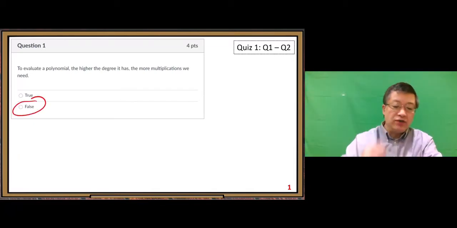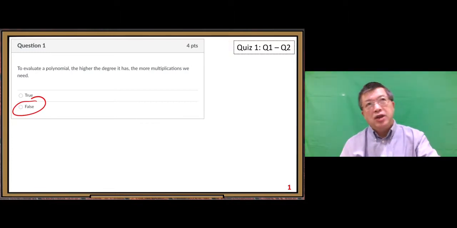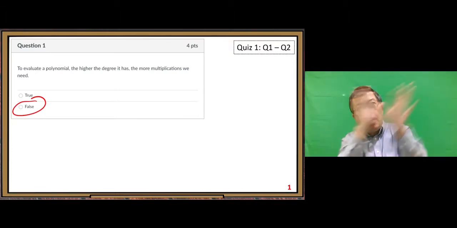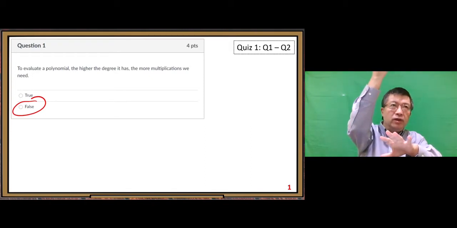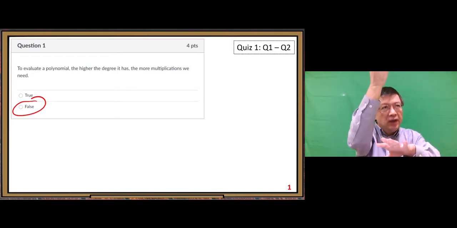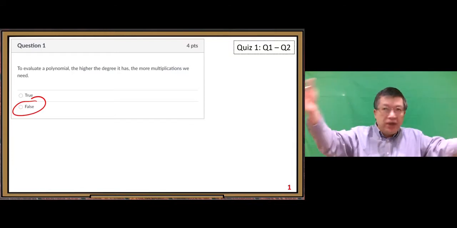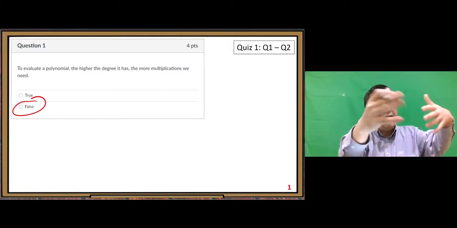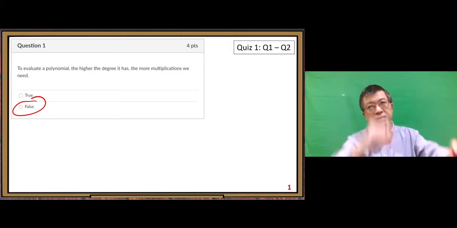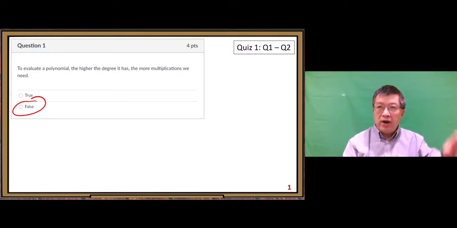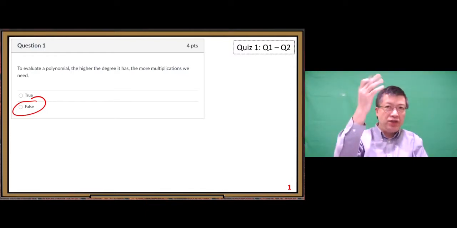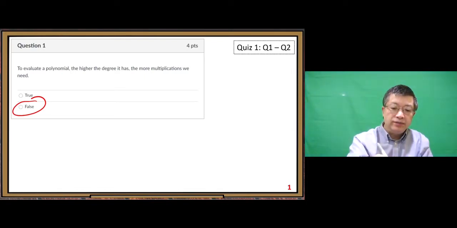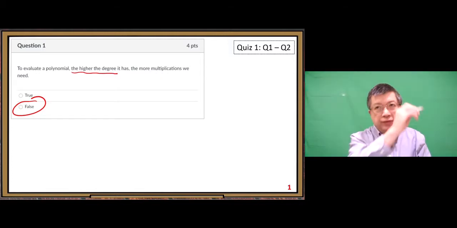So the answer is false. The counterexample is that we can find a polynomial with a relatively high degree that needs fewer multiplications than another polynomial with lower degree. That's easy. The counterexample we should find has a degree that is a power of 2.